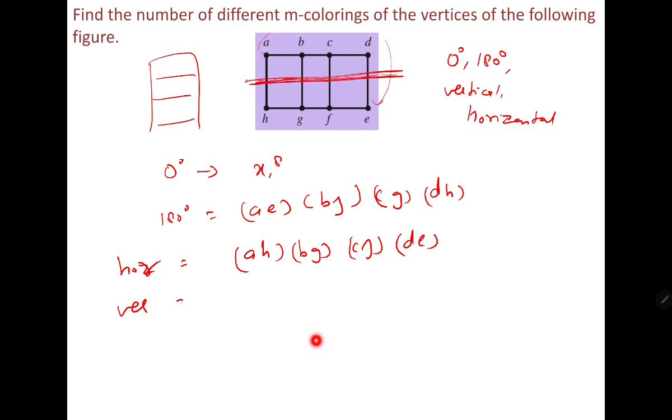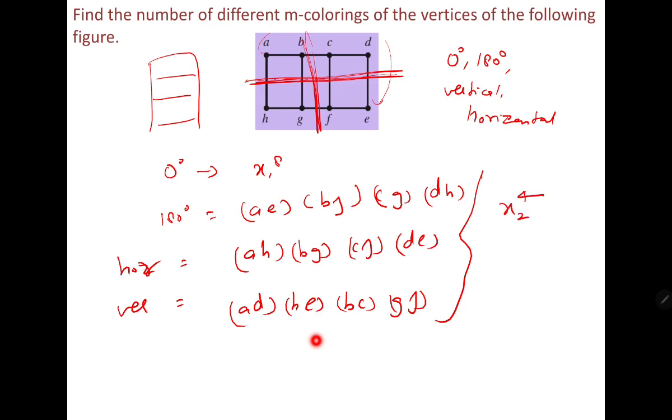And if you consider the vertical, A reaches D, H reaches E, B and C, G and F. Now all three have the same contribution. There are 4 cycles of length 2. It means my cycle index is as follows.